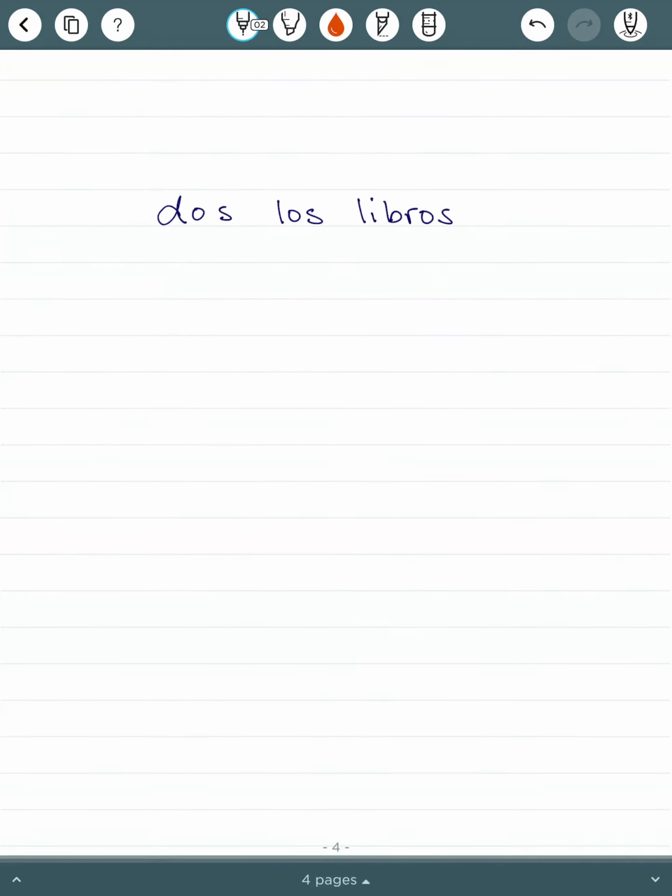Now, one last thing before we go. Dos, los libros. We've got a number here. I want you to think about whether or not this makes sense. So dos, we know means two. Los, we just learned means the. Libros means books.